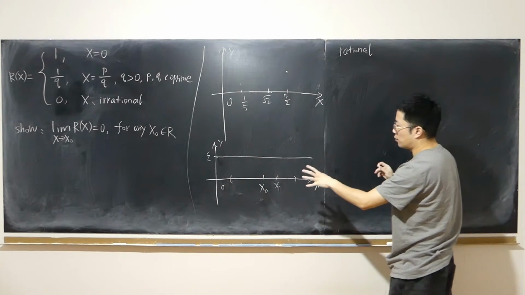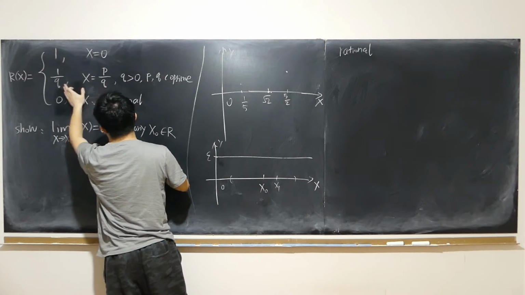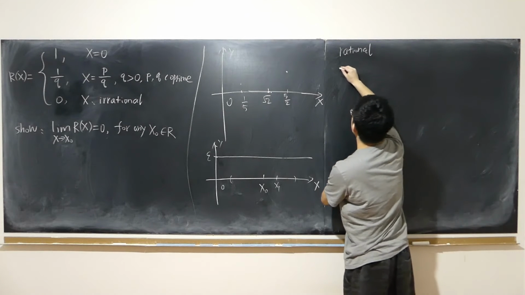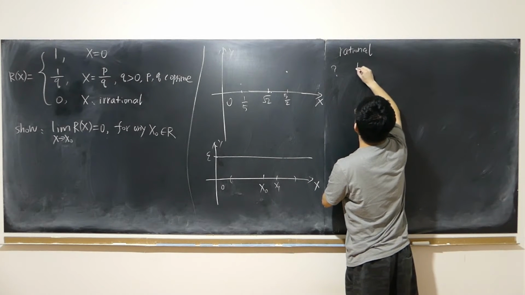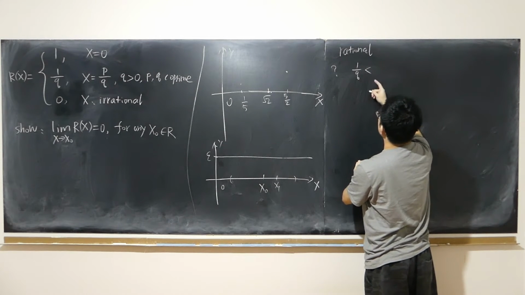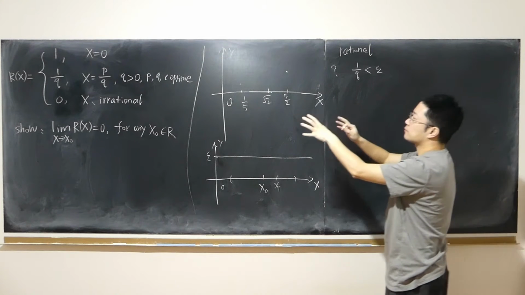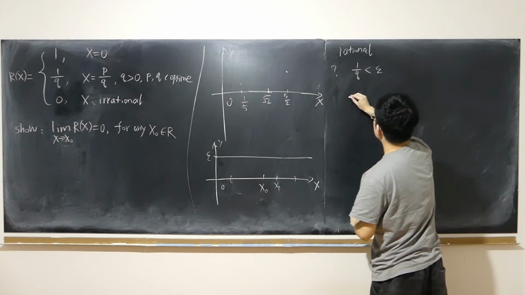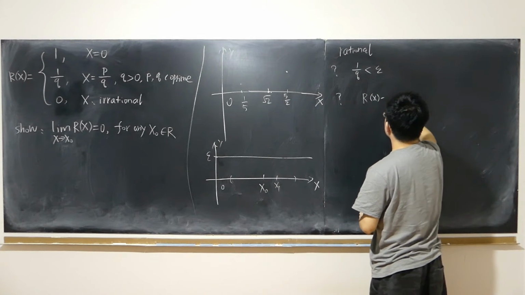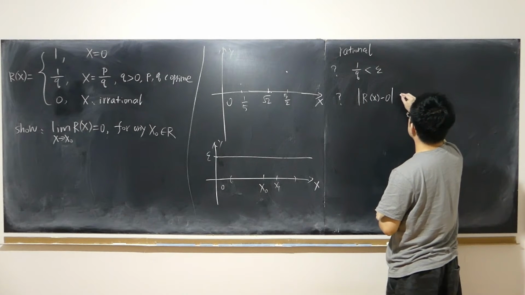How can we make sure that the functional value at rational numbers can be small enough? How can we make sure that 1 over q can be smaller than epsilon? Because this is what we want to show: the absolute value of R(x) minus 0, the limit value, is less than epsilon.